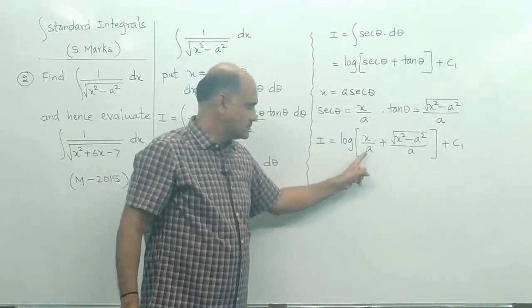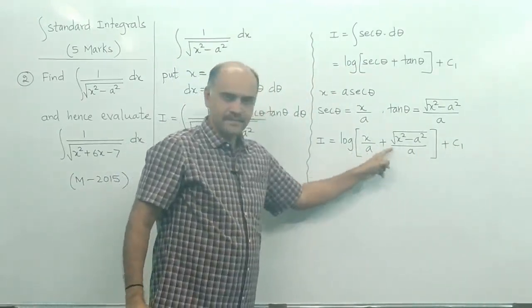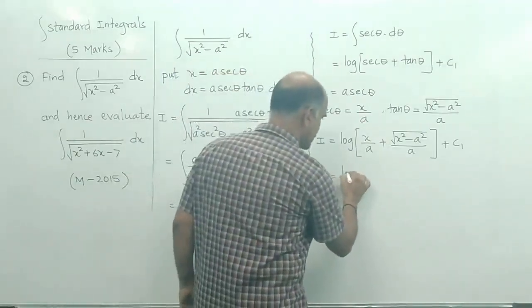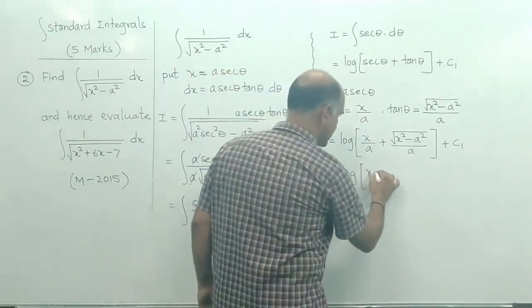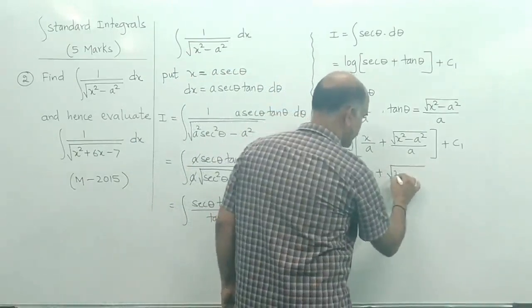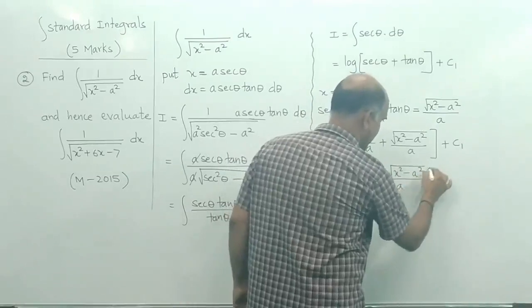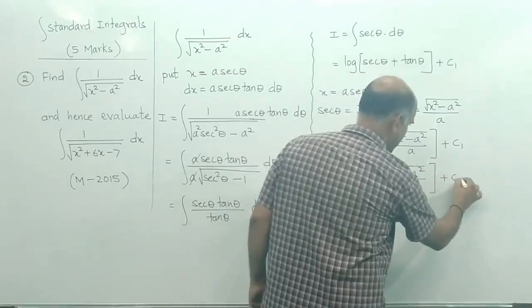Now here the LCM is the same, so I will write it as whole divided by a. So log x plus root of x square minus a square whole divided by a, bracket complete plus C1.